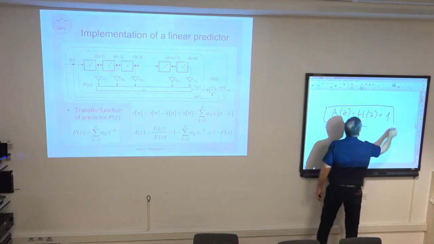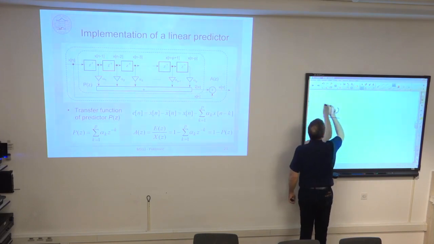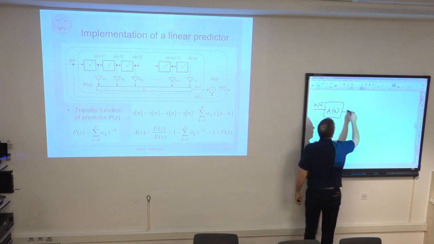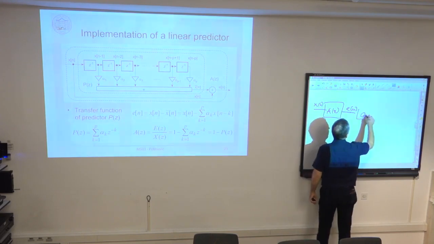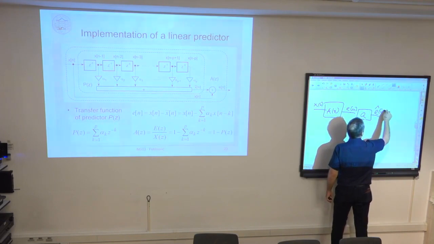Okay? But now the question is, what happens if I have this A of z at the input? So this here is the input signal x of n. I get the prediction residual e of n. But now I put a quantizer here, and I get this e hat of n.